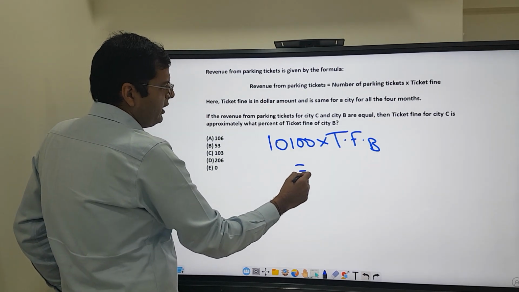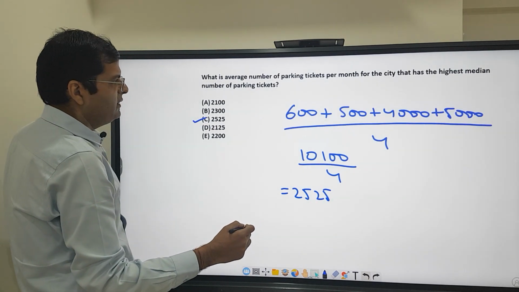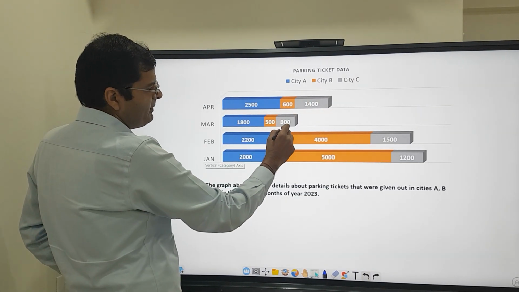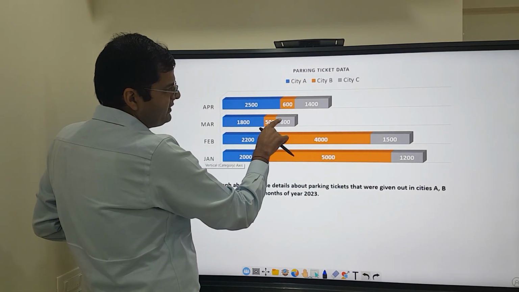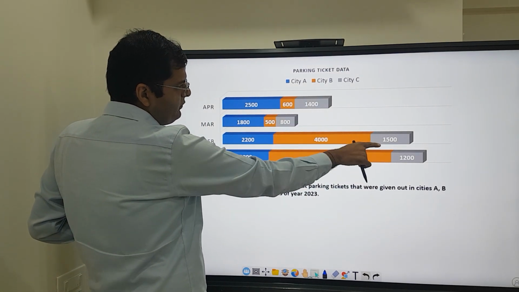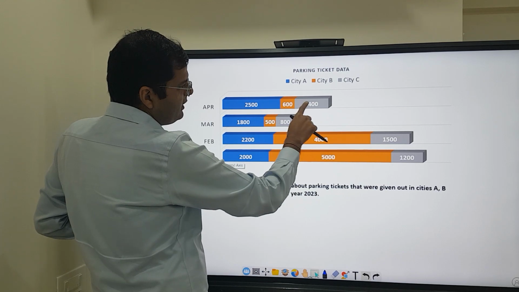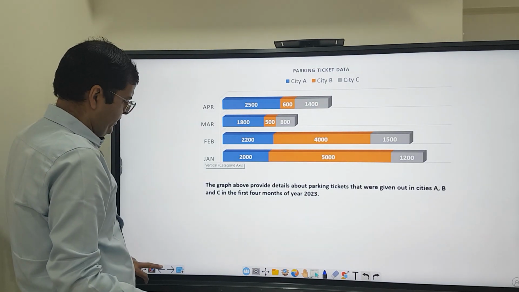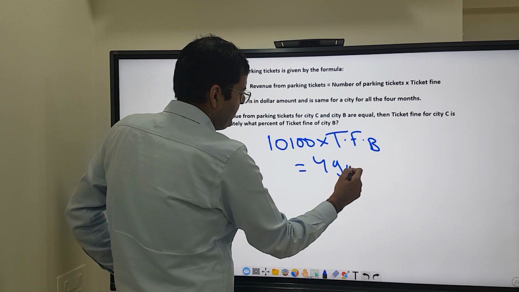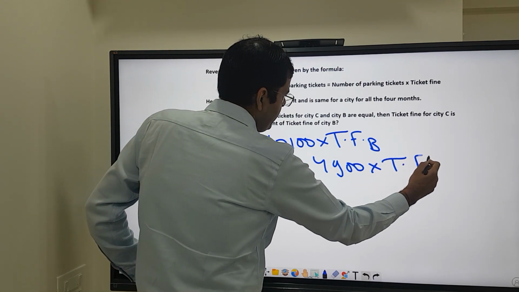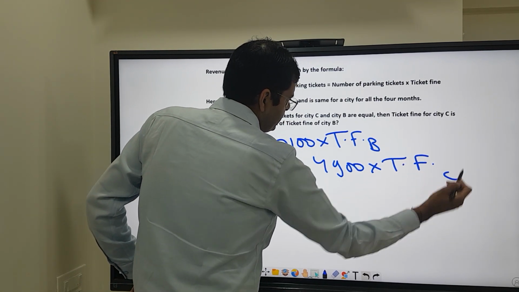This is equal to what? Number of tickets for city C, which is 1400 plus 800 plus 1500 plus 1200. So 1200 plus 800 is 2000, 3000, 4000 and 4900 it is. So that is same as 4900 into TF of C.